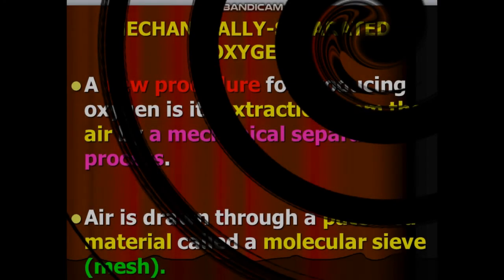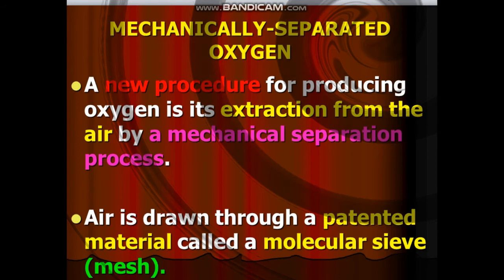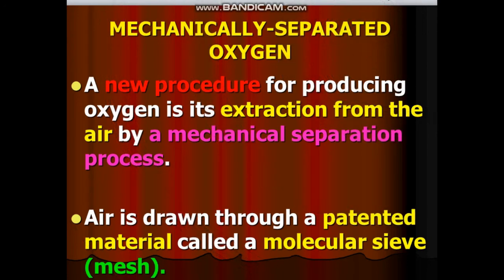The last source of oxygen: mechanically separated oxygen. A new procedure for producing oxygen is its extraction from air by a mechanical separation process. Air is drawn through a patented material called molecular sieve.